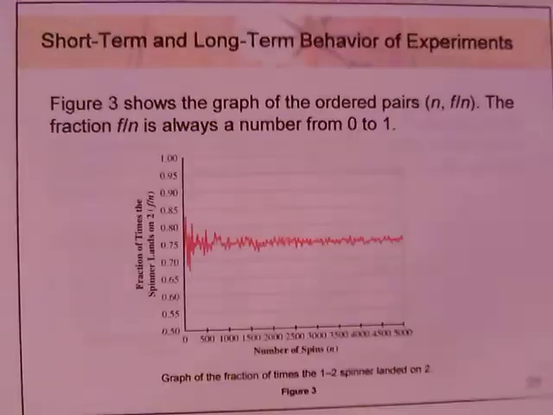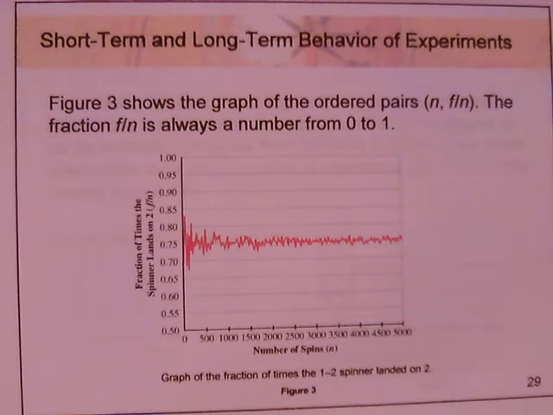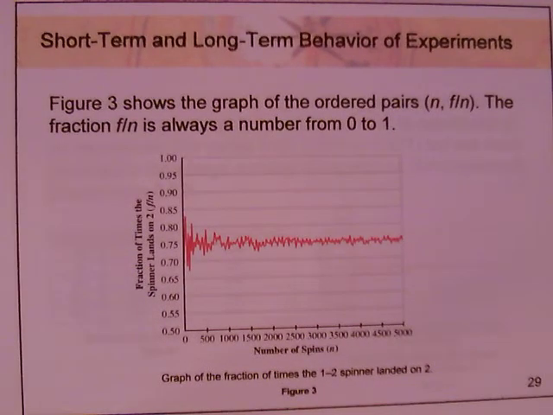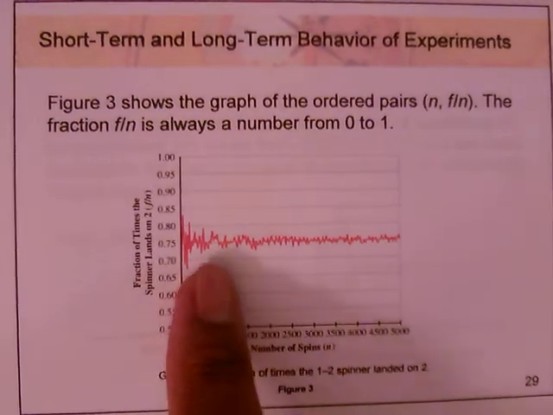Okay. Now in figure 3, this shows the graph of the ordered pairs N, F, and F divided by N. That fraction F divided by N is always a number from 0 to 1. It's never negative, and it's not going to be greater than 1. So that's what this looks like.